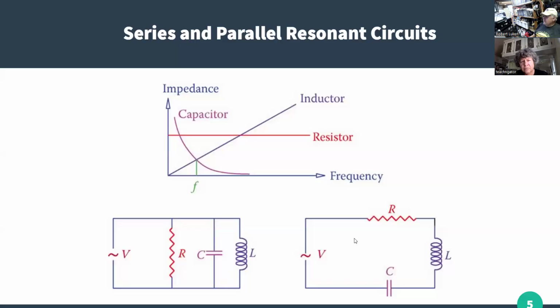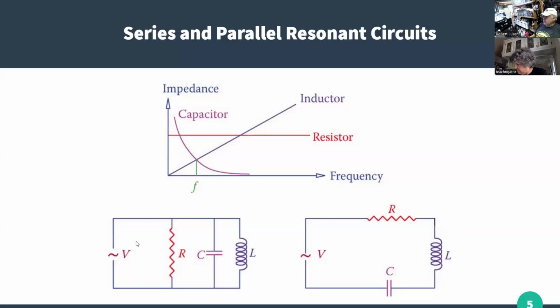As we increase the frequency and the capacitor starts to pass current, the inductor will start to block current. And when they're at resonance, they sort of cancel each other out. So all we see in the circuit at resonance is going to be that series resistor.